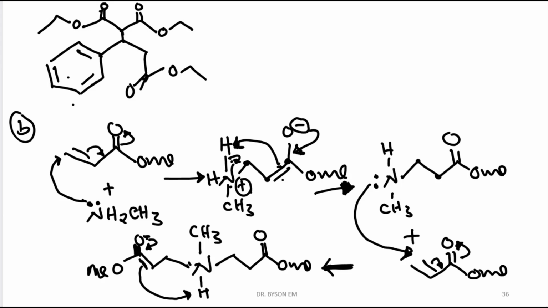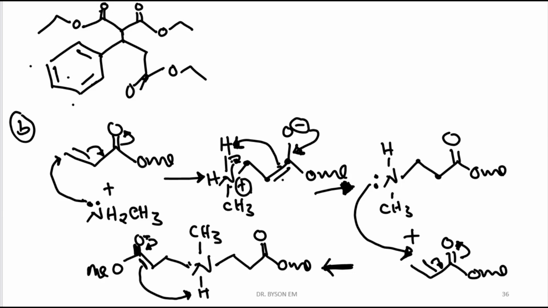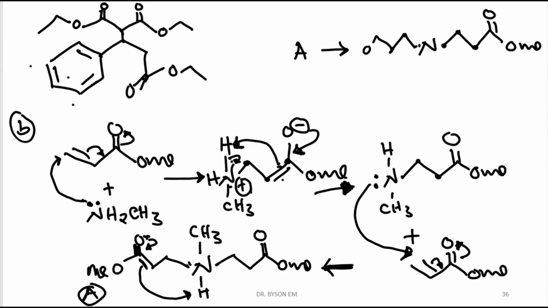So what you end up forming is this structure. So from here, from A, you go to the final stage, which is this. So that is how that product is formed using this reaction mechanism.